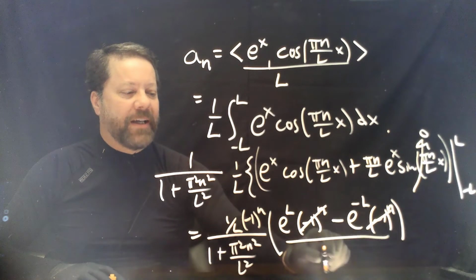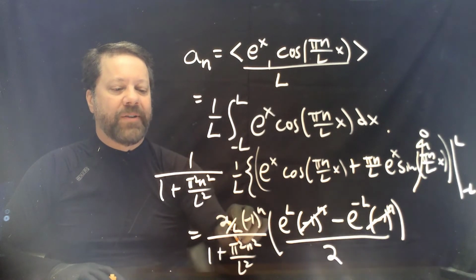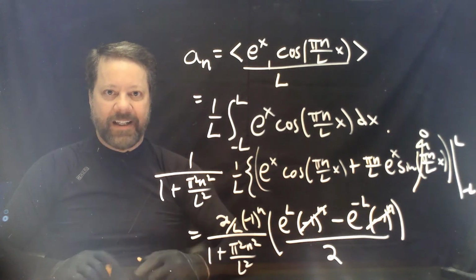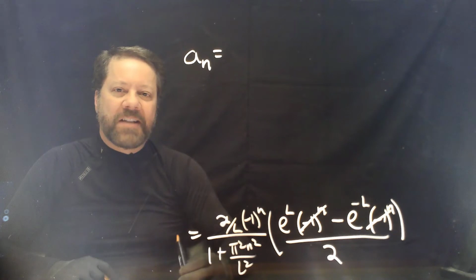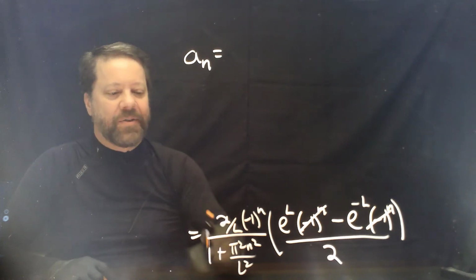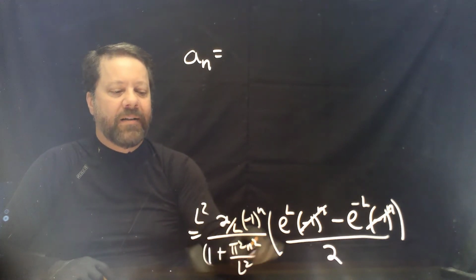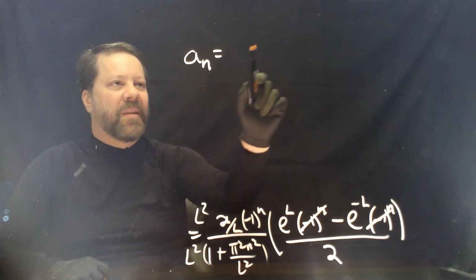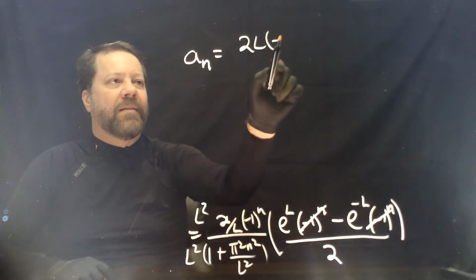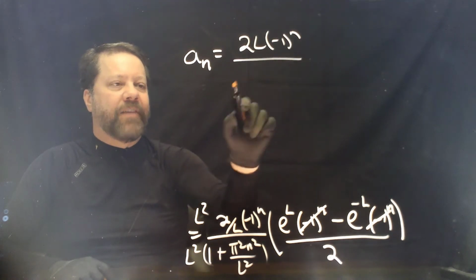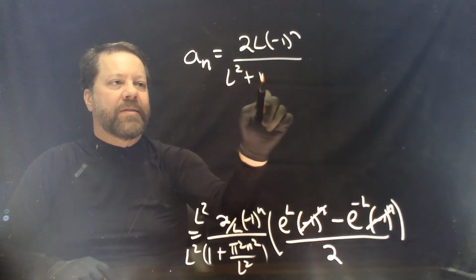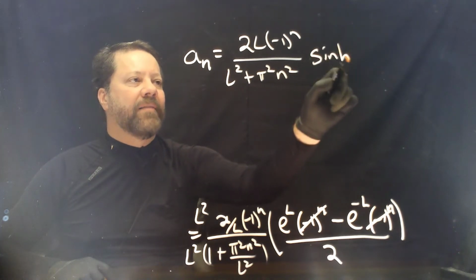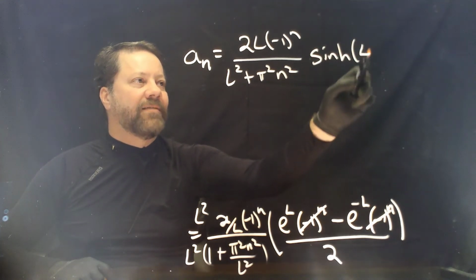If I divide by 2 here and multiply by 2 here, I'll end up with a hyperbolic sine again. I'd kind of prefer not to have compound fractions in my answer, so if I multiply by L squared on top and bottom, I can get rid of some of these fractions. We'll have 2L, negative 1 to the n, divided by L squared plus pi squared n squared times the hyperbolic sine of L.